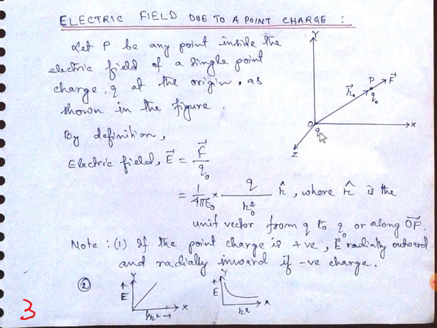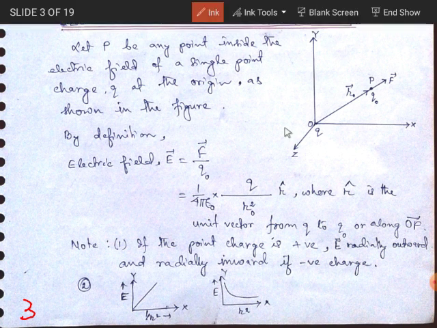So Coulomb's force between these two charges Q and Q naught will be 1 by 4 pi epsilon naught Q Q naught divided by R naught square.